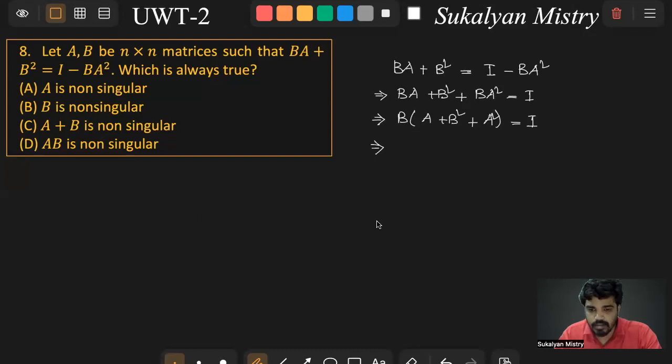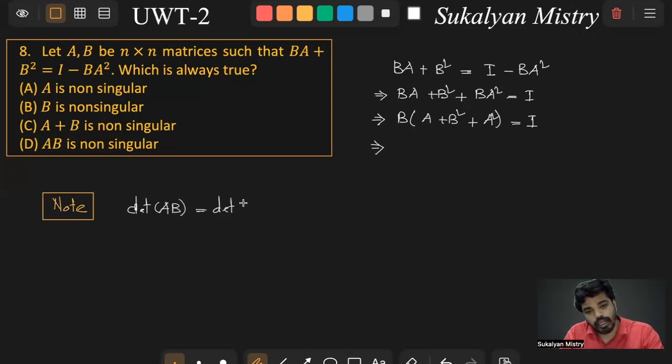We know that, note down this property, determinant of AB, so that equal to determinant A into determinant B. So if we take determinant both sides, so what do we get?